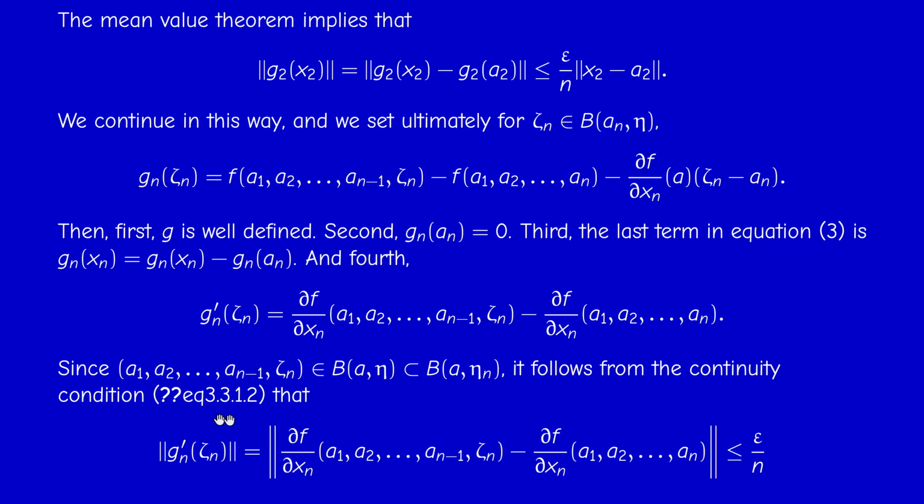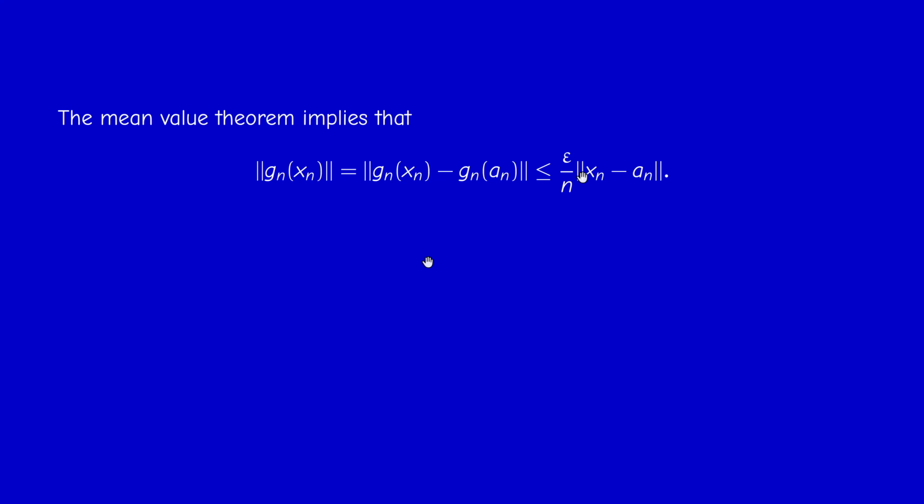So the continuity condition 2 implies the same thing. So the derivative of gn at zeta n is less than epsilon over n. So by the mean value theorem, the distance between gn(xn) and gn(an) is less than epsilon over n times the distance between xn and an.